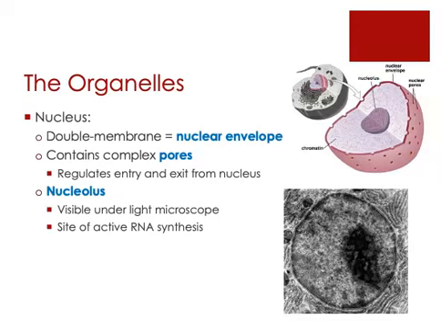Instead, when we look at this double membrane, what we see is that the two membranes connect with each other. They actually come in contact with each other at particular locations across the surface of the cell. Those locations are called pores.